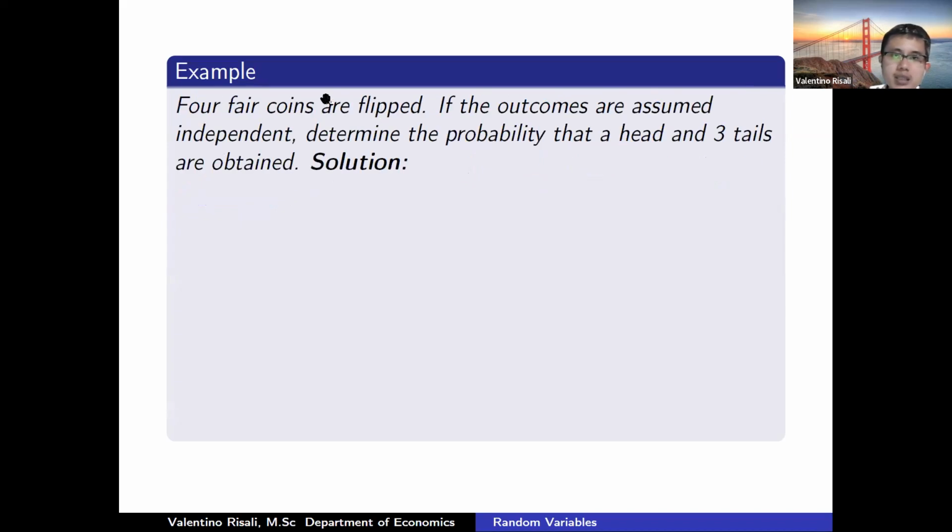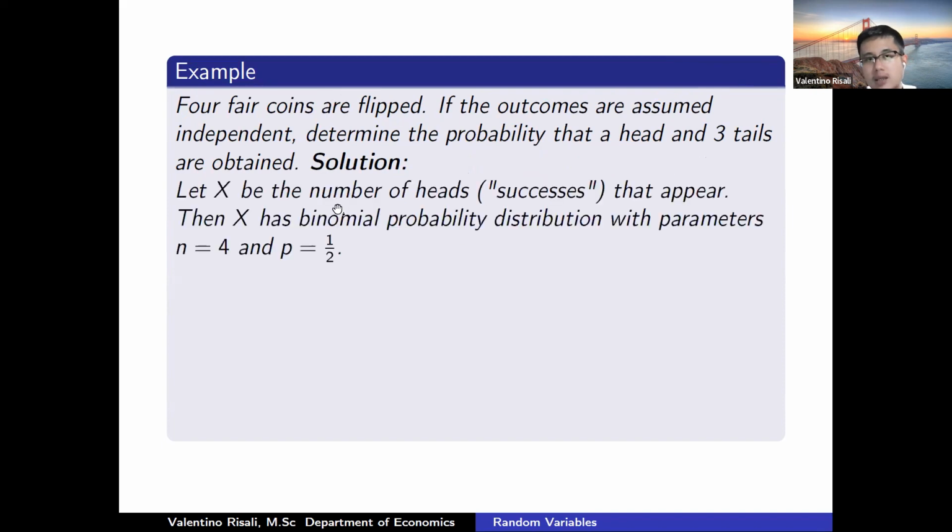As I mentioned before, the experiment of tossing coins is an example of binomial. For example, we have 4 coins and we flip all of them, and the outcomes are assumed independent, and we will determine the probability that 1 head and 3 tails are obtained.